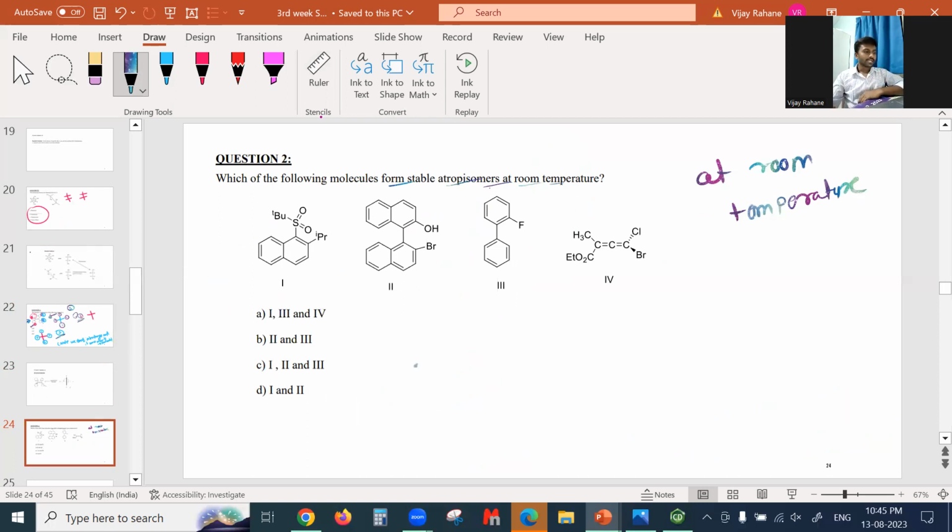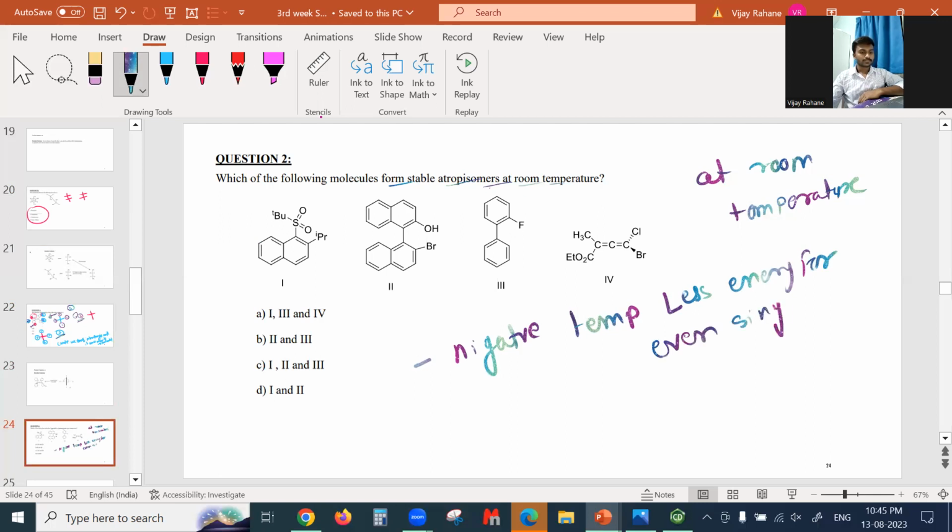So what happens generally at negative temperature, there is less energy, or even single bond rotation as well. If there is a single bond, then also the molecule finds difficulty in the bond rotation.